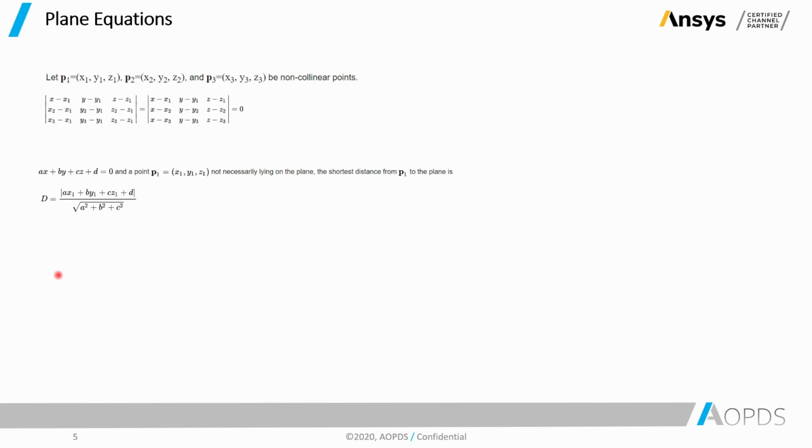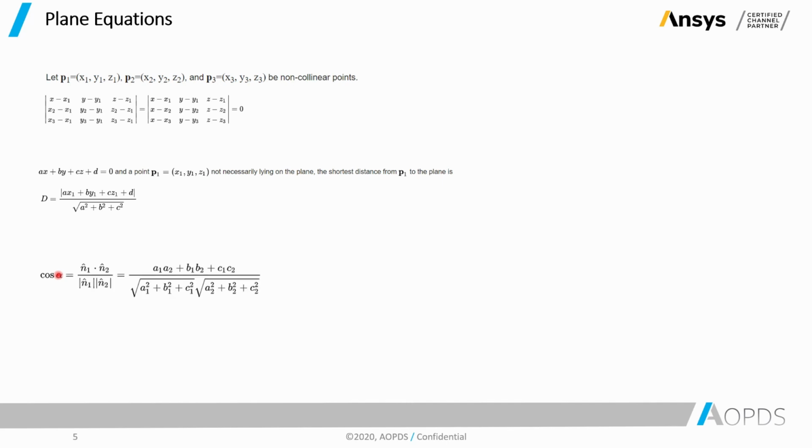That distance is going to be the magnitude of ax1 plus by1 plus cz1 plus d, where ax plus by plus cz plus d equals 0 is the plane equation, and x1, y1, and z1 are the point components. And if we divide that magnitude by the square root of a squared plus b squared plus c squared, then this will give us that distance.